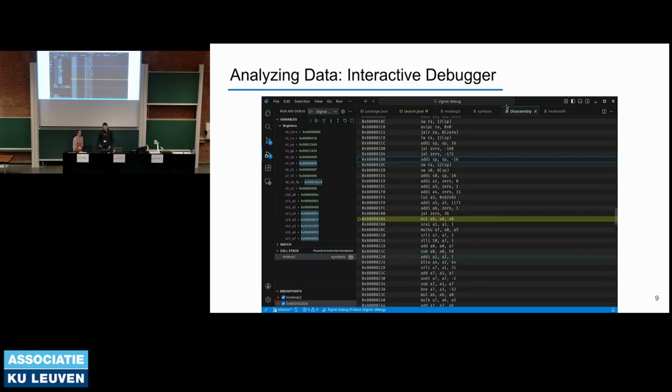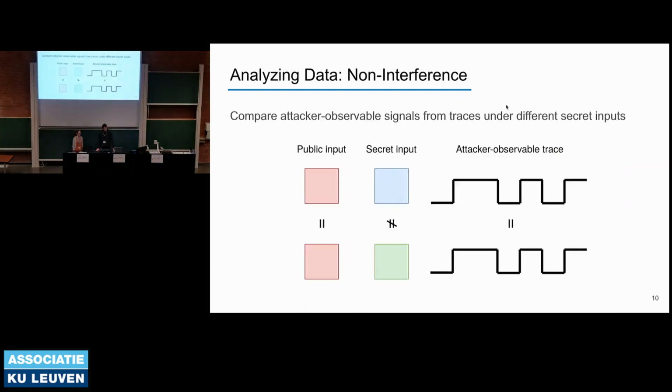This way, we can debug programs and check whether our transformed programs or instrumented programs still behave correctly, even though we didn't really have a debugger before. Another thing we can do with these traces is check for noninterference by comparing the attacker observable signals under different secret inputs.